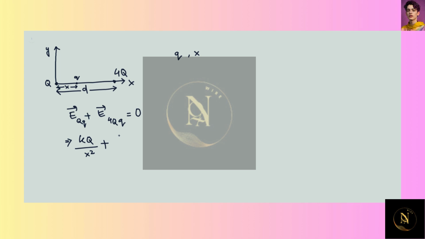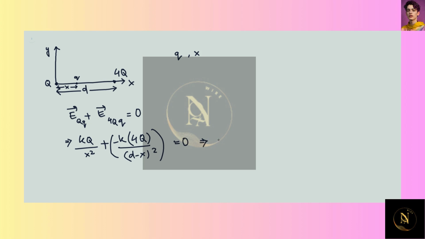Now over here, this will be k times 4Q over (d minus x) whole square, and since 4Q is positive, the electric field due to this charge will be away from that charge, hence it will point towards the negative x-axis, so there should be a negative sign before that. And that is equal to 0, because the net electric field at that point will be 0, because we want all three charges to be in equilibrium.